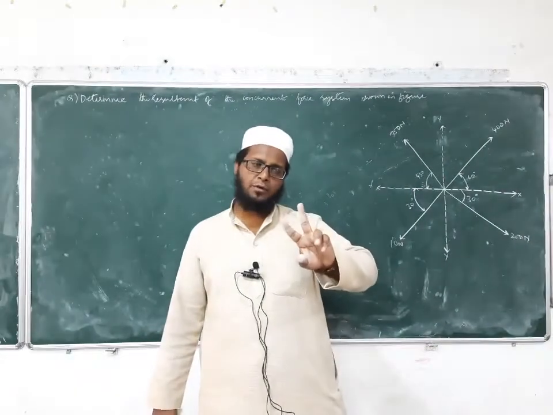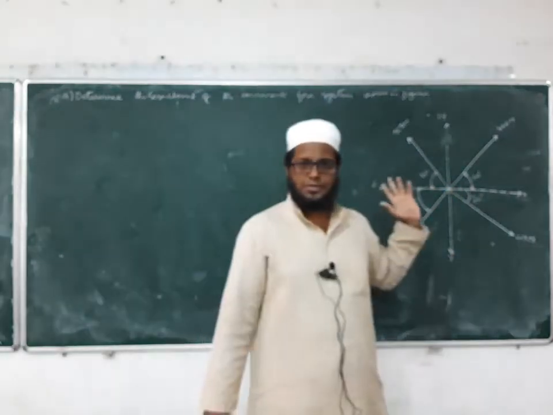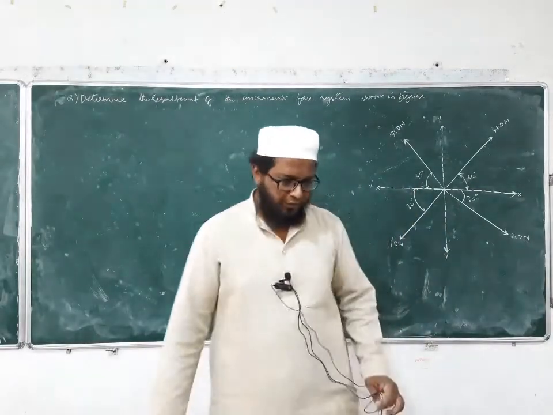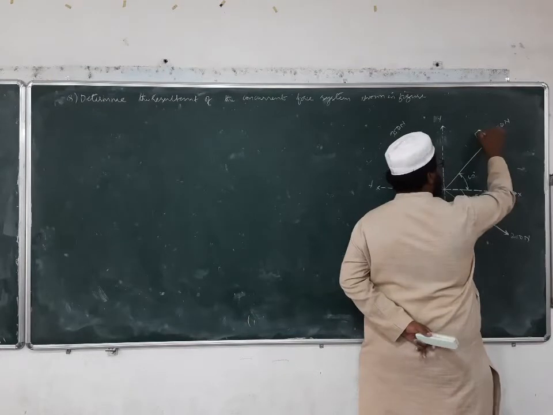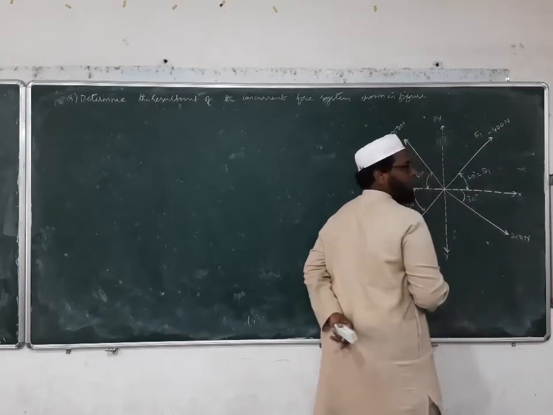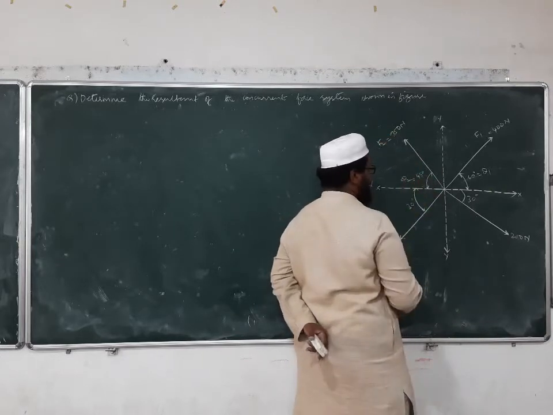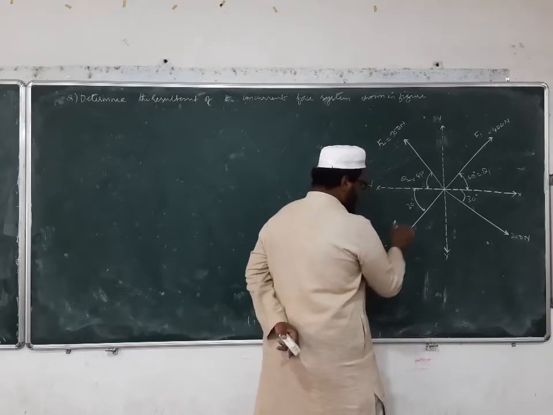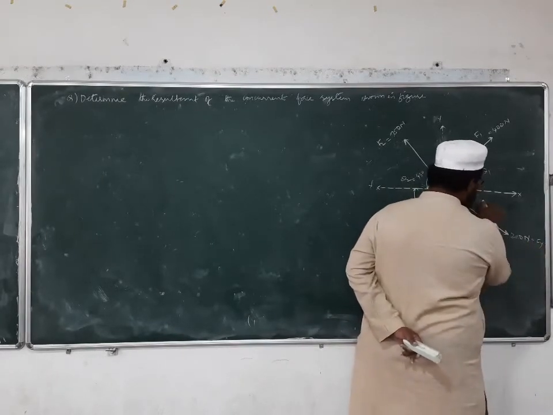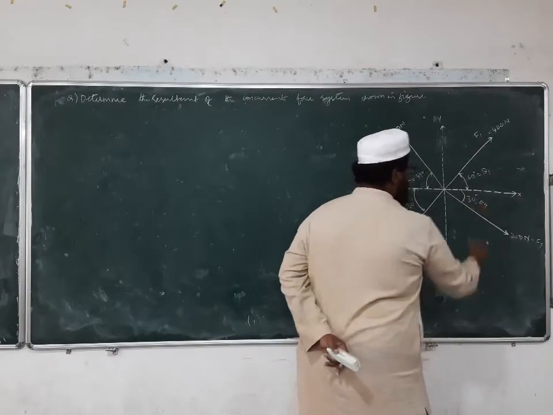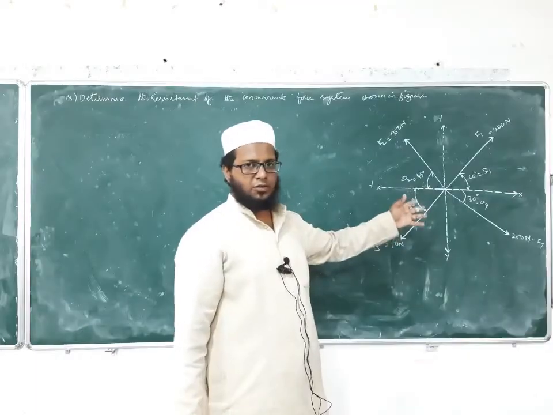For two concurrent inclined forces, we do not require any components, but for more than two forces, we do. So I will name this force F1 and this angle θ1, this force F2 and this angle θ2, similarly F3 and θ3, and F4 and θ4. If you name any force or angle, it will be easy to understand, isn't it?